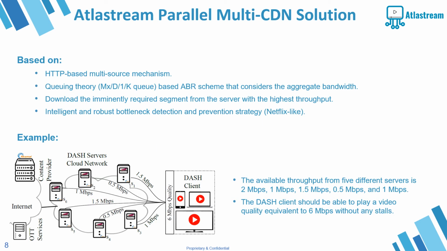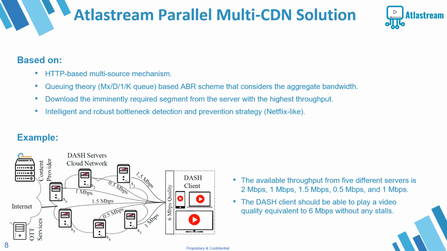At Atlas Stream, we take this approach and develop a parallel multi-CDN solution that is based on a queuing theory approach. The Atlas Stream solution leverages the availability of multiple CDNs by downloading segments in parallel. In a nutshell, the developed parallel multi-CDN solution uses an M/D/1/K queuing theory-based bitrate selection in conjunction with a request scheduler to download subsequent segments of the same quality through parallel requests to reduce quality fluctuations.